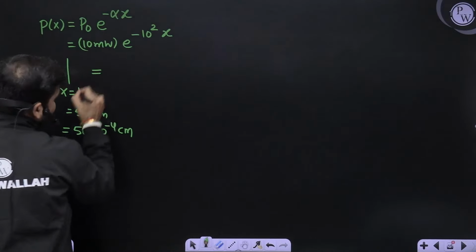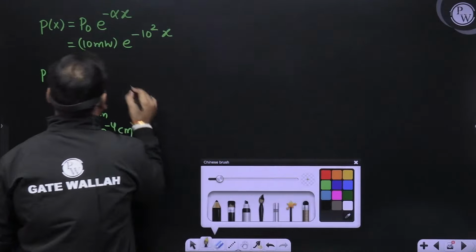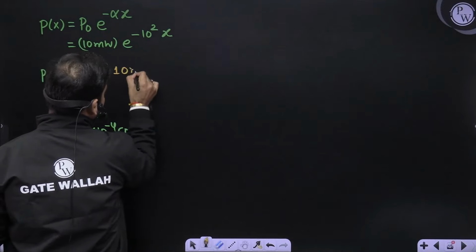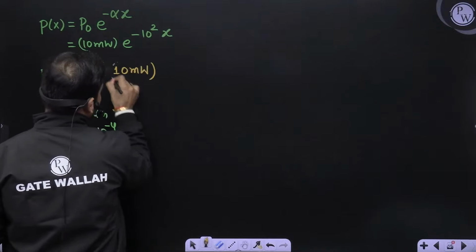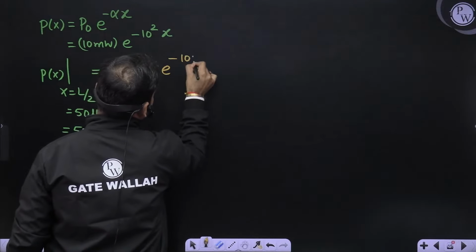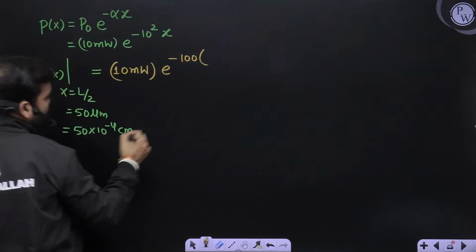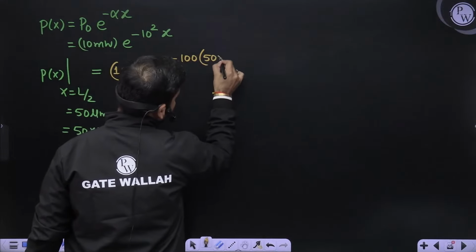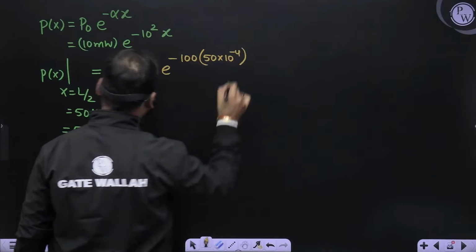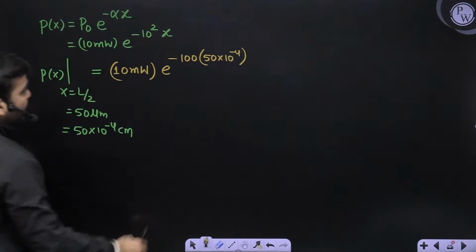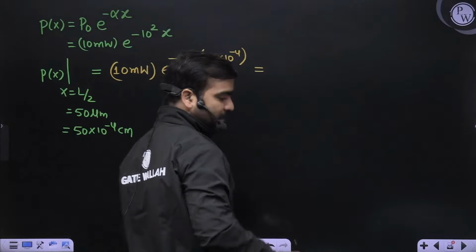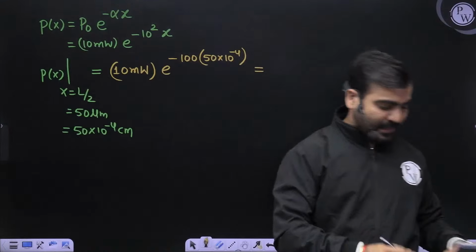So this is 10 milliwatt, e to the power of minus 100 times x. And x is how much? 50 into 10 to the power minus 4. So it is how much? Just solve it by using the calculator.